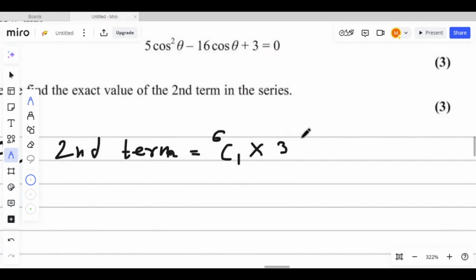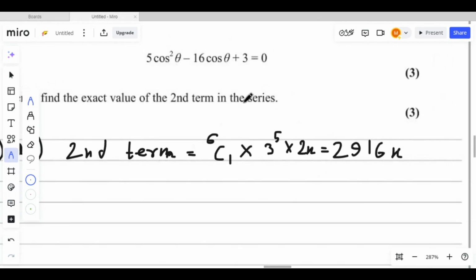Now in the second term, it will be 3 to the power 5 times 2x. So 3 to the power 5 times 2 times 6. This is 2916x. That's the second term.